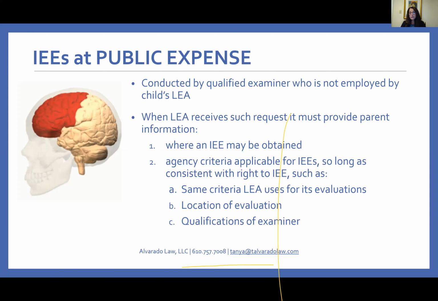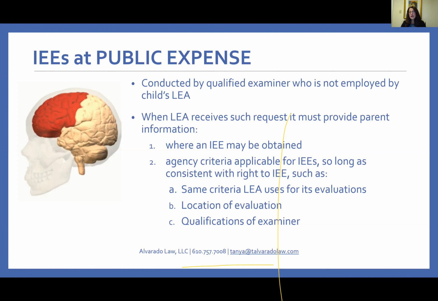and the rights to get the independent evaluation should be similar to the criteria used in schools in the LEA. So, the location of the evaluation and the qualifications of the examiner also come into play.